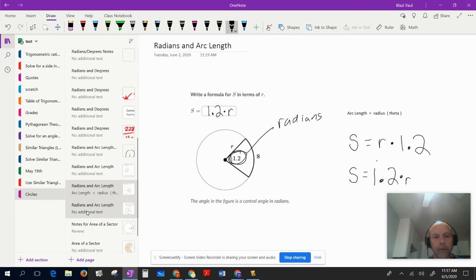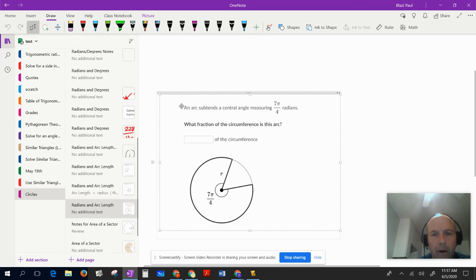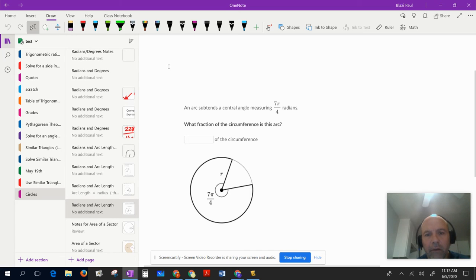All right, next. An arc subtends a central angle measuring 7 pi over 4 radians. The arc that they're talking about in this case is this big long arc right here. See this arc? Let me write a little arrow.